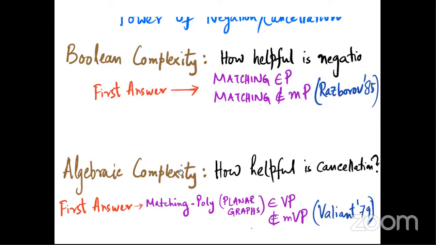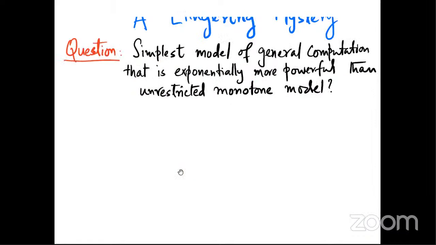So, well, we could say that we have understood everything that we need to understand about the power of negations. What more is there to understand? A sort of mystery that has not yet been resolved is the following. I can take this question to the extreme setting. I can look for the simplest model of general computation, by which I mean computation that allows cancellation.